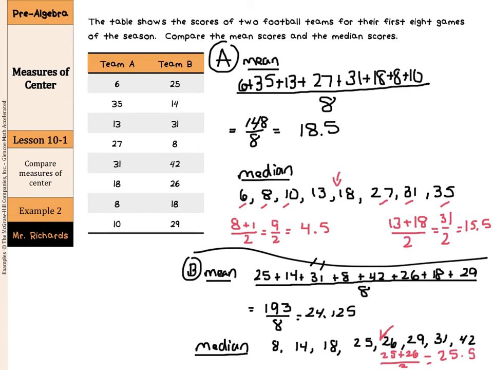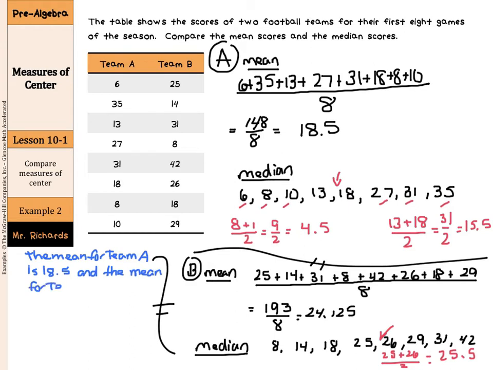So now we get down to the comparison part. We can answer this question now by writing the mean for team A is 18 and 5 tenths, or 18 and a half, and the mean for team B is 24 and 125 thousandths.